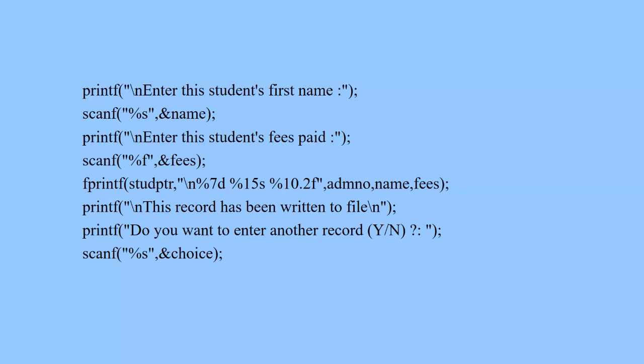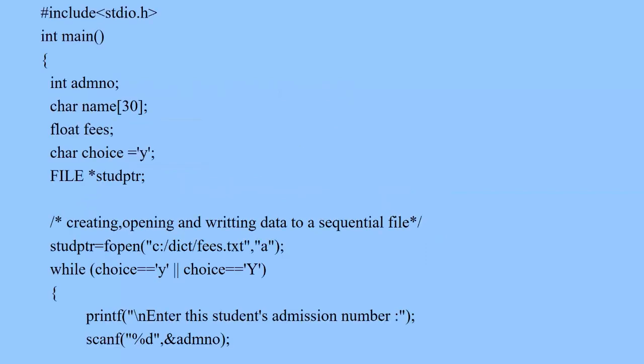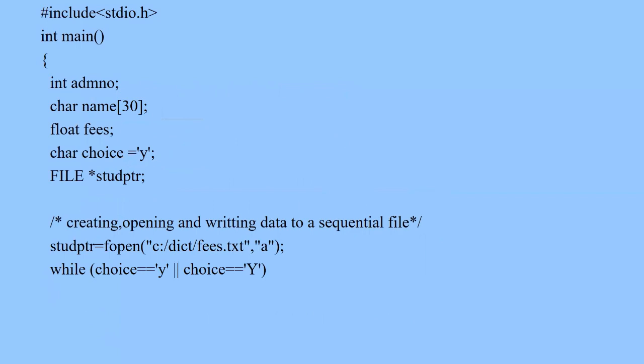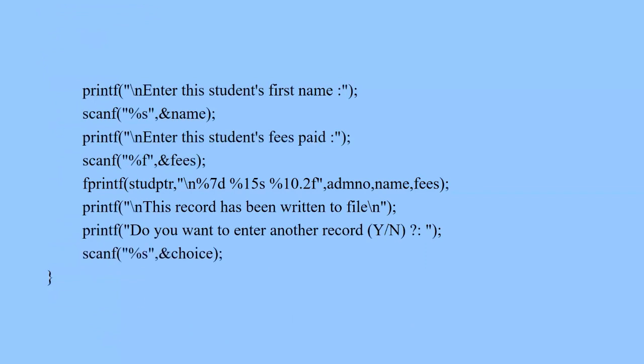If the user enters N, for no, then the condition will be checked. So while choice is not either of these two, the loop will be exited. And then we close the file that is pointed to by studPTR, or student pointer, using the function fclose.